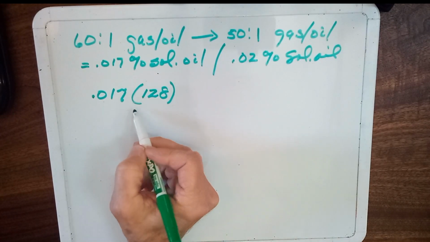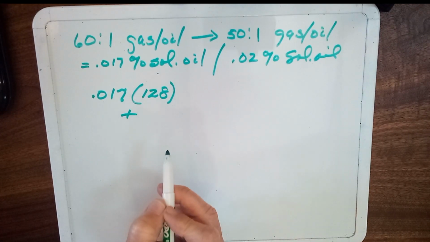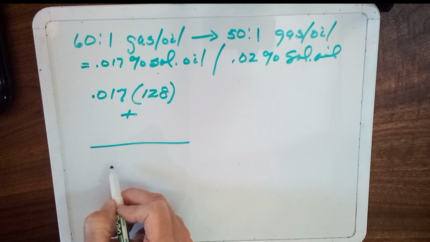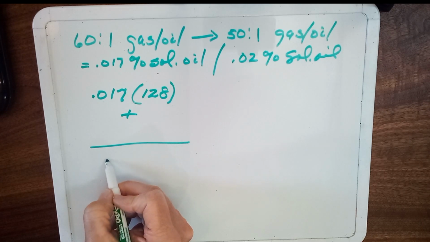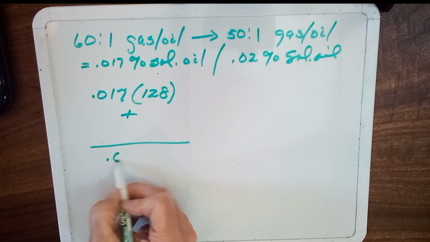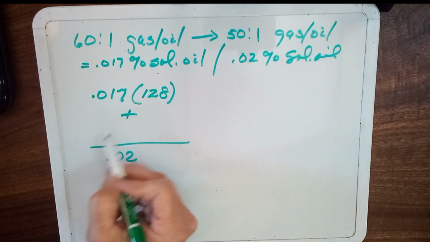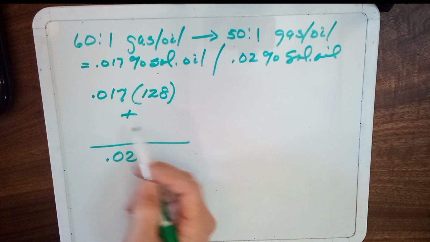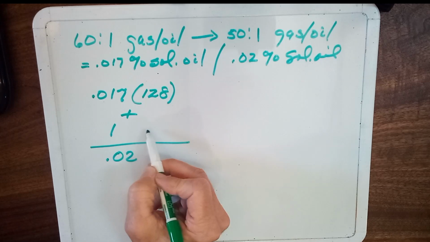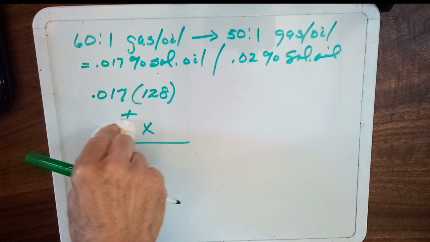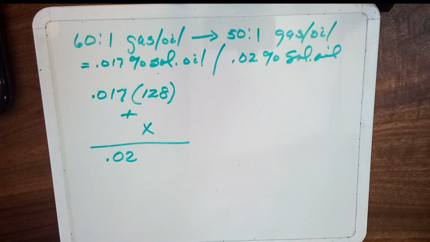What I need to know is how much oil must I add to get a 0.02 solution, which is 50-1. The oil is 100%, so 100% expressed as a decimal is 1. How much oil we're going to keep as X because we don't know. So that's going to be the amount of oil we add. And since 1X is the same as X, let's not muddy the waters here. It's just plain old X.